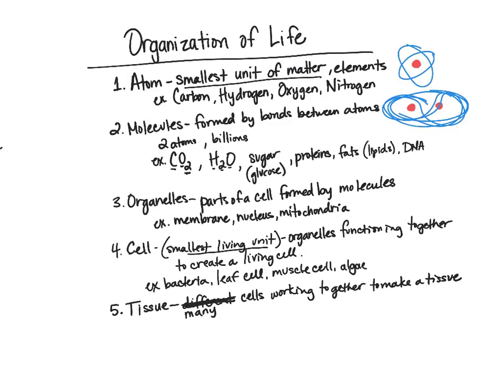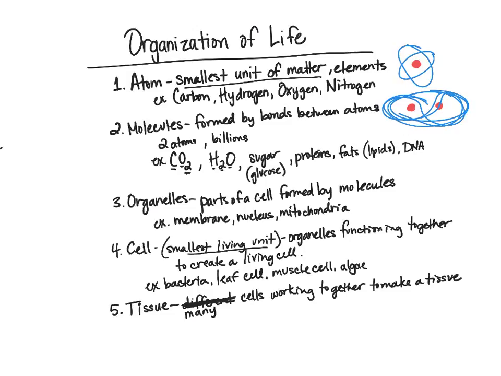In this case what we're doing is taking the same types of cells. In some cases it'll be the exact same type of cell. In other cases it'll be different types of cells coming together to make up a tissue. And so we have our tissue, which is our cells working together.